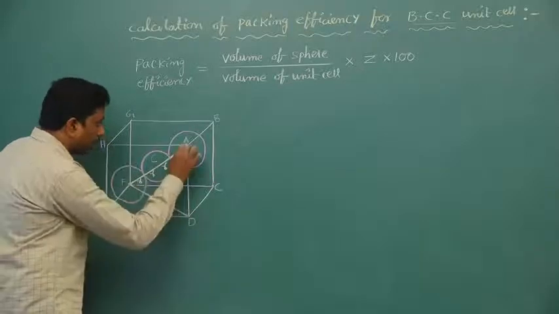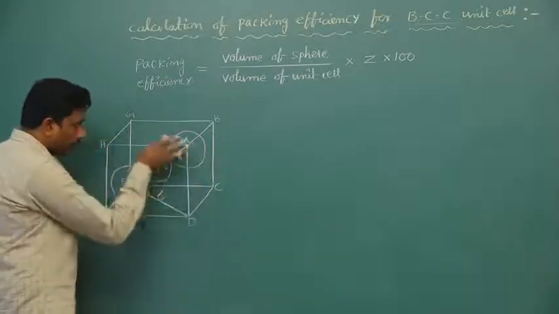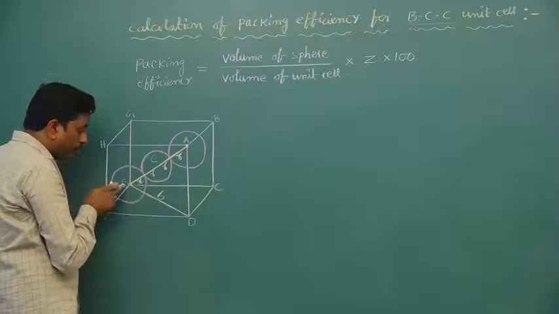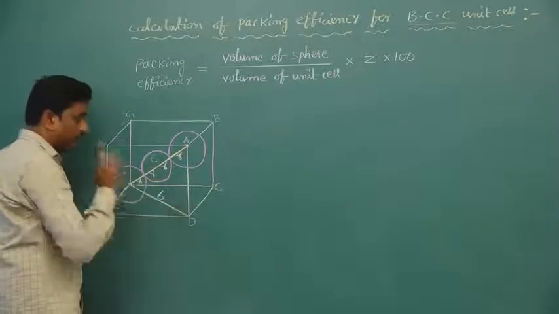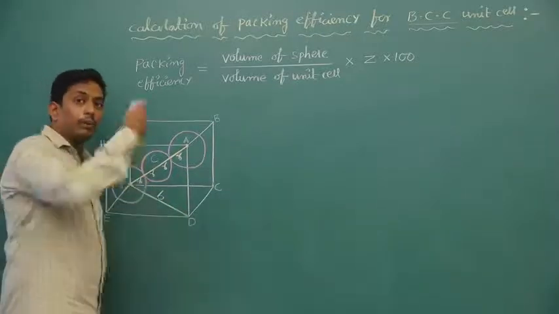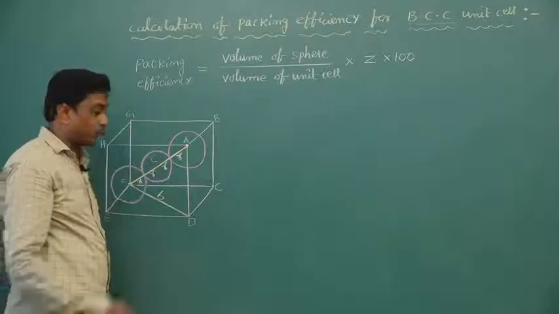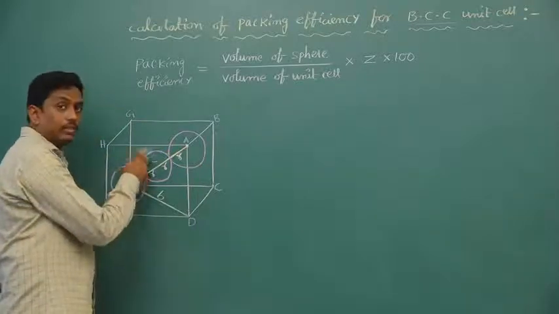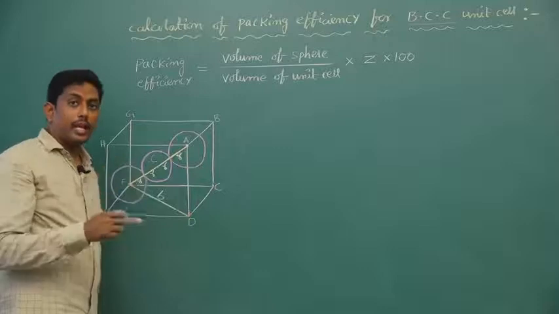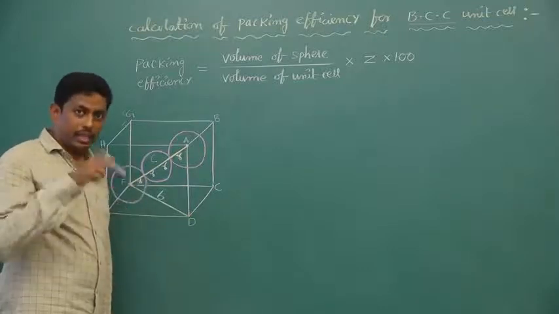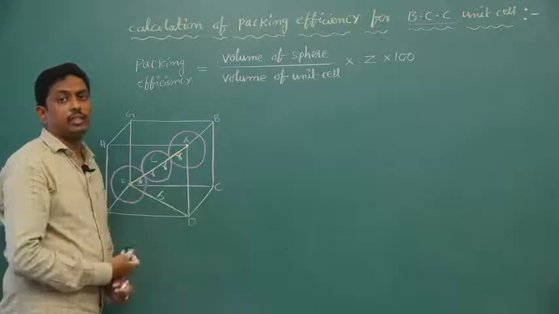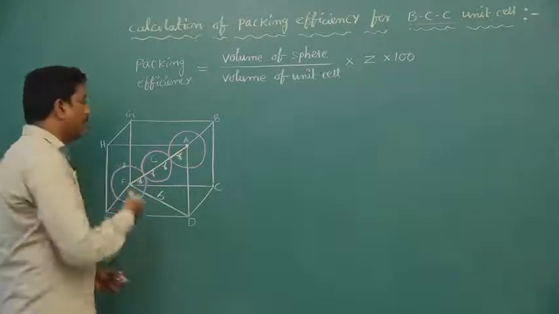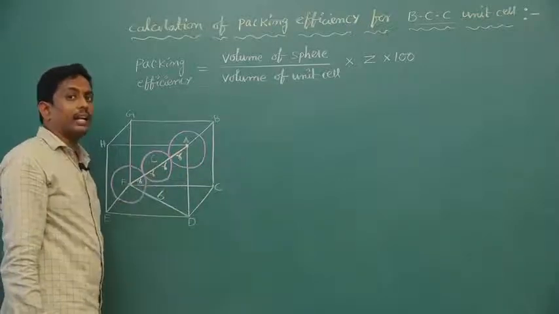This is the face diagonal, and we need to consider this face diagonal. We represent the face diagonal with letter B. So A is the edge length, B is the face diagonal, and C is the body diagonal.